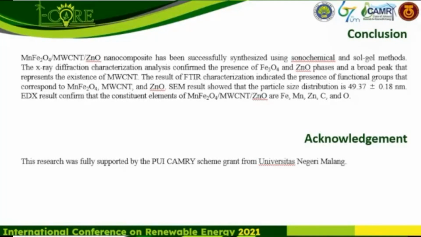Besides, scanning electron microscopy results show that the particle size distribution is 49.375 plus minus 0.18 nanometers. And the last, EDAX confirmed that the constituent elements of manganese ferrite multiwalled carbon nanotubes zinc oxide are iron, manganese, zinc, carbon, and oxygen.